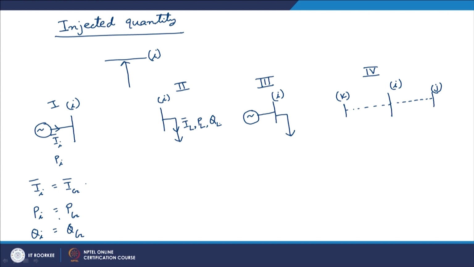Physically IL, PL and QL are moving away from the bus, but the injected quantity is something being injected into the bus.